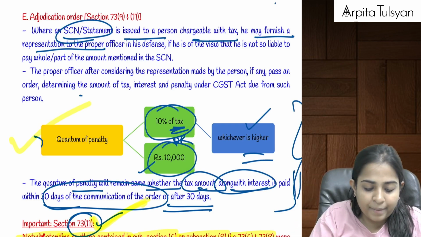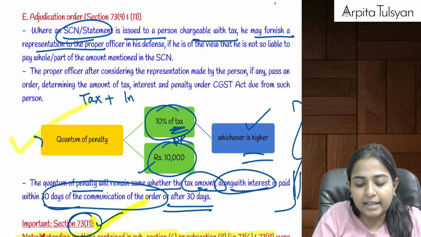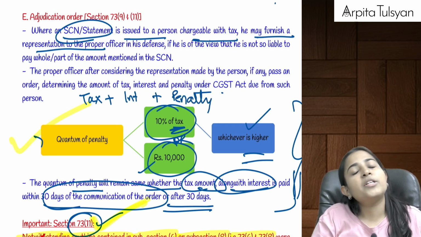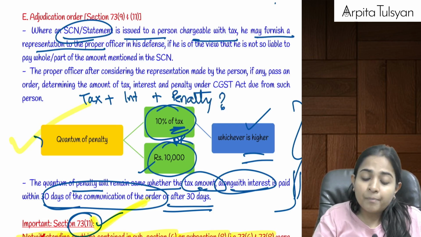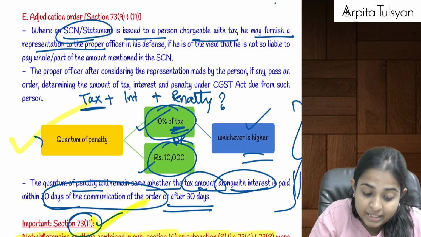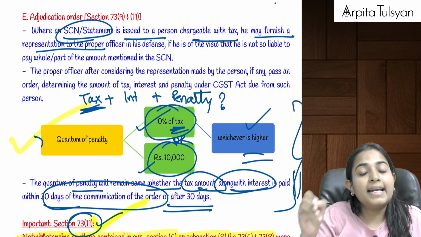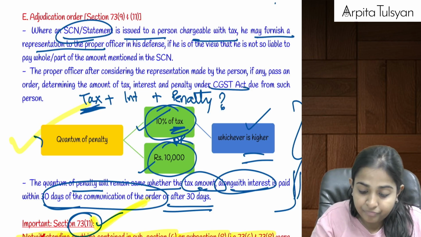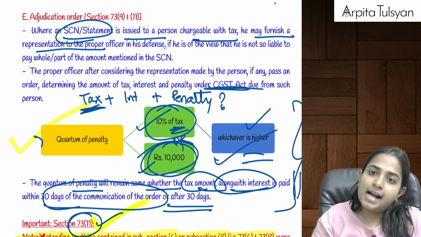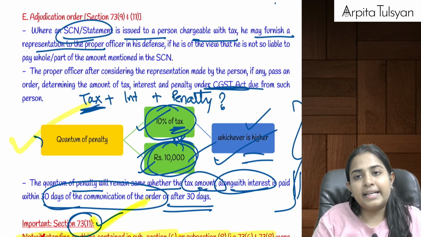Means you will have to pay the tax, plus the interest, plus the penalty. Ma'am, how much amount of penalty will now be applicable? So the penalty here will be 10% of the tax. Okay, not tax plus interest, 10% of the tax, or 10,000, whichever is higher. This is the amount of penalty that you have to pay.